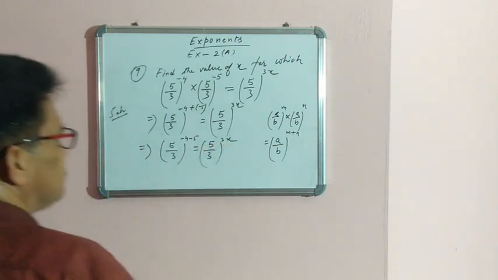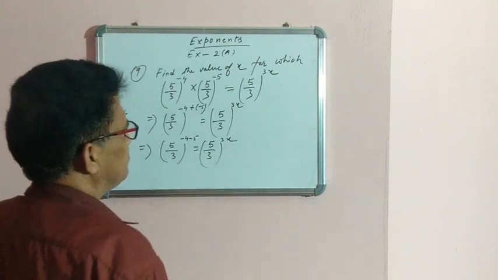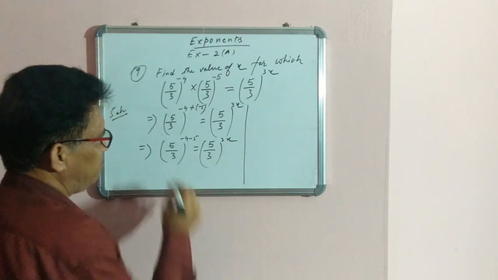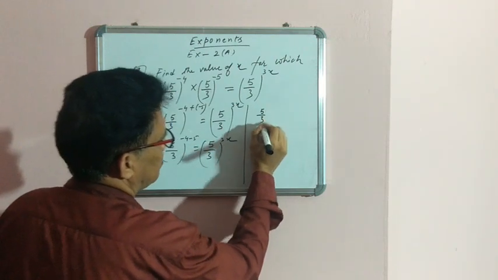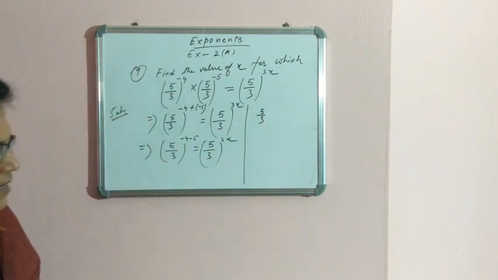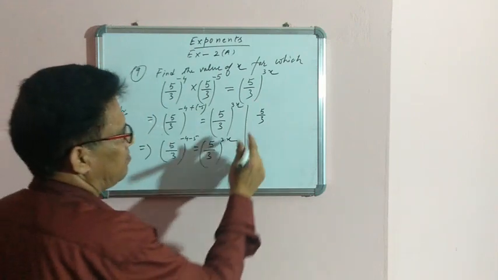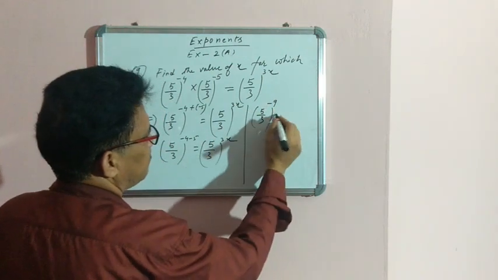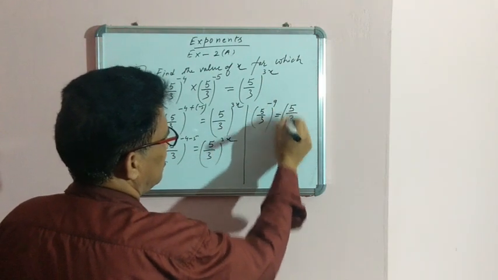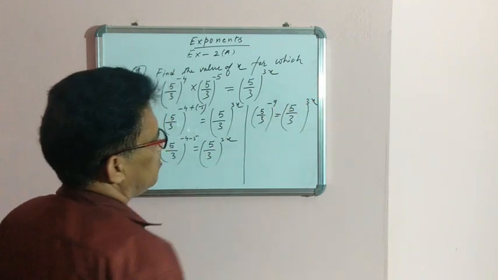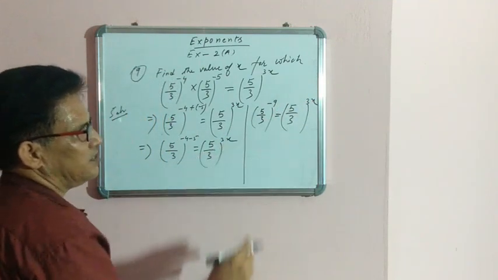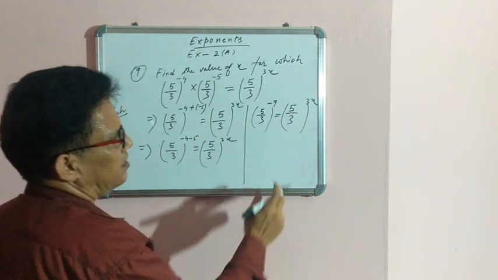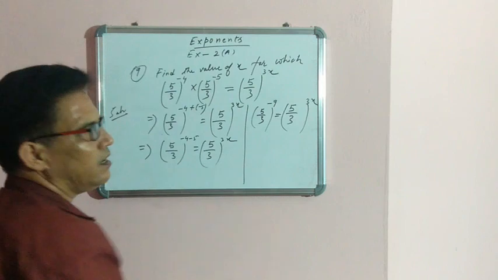Now this 5 by 3, minus 4 minus 5, that will add, negative sign will be there, so that is equal to minus 9. Here 5 by 3 is there. So here you can see LHS and RHS base is same, 5 by 3 is there, 5 by 3 is there, so their exponent must be equal.